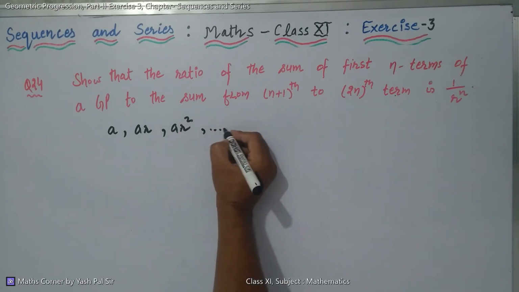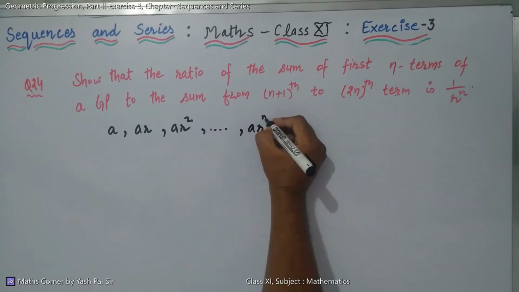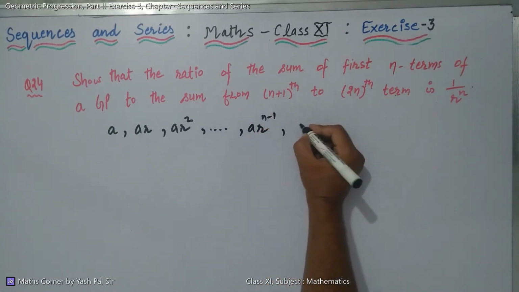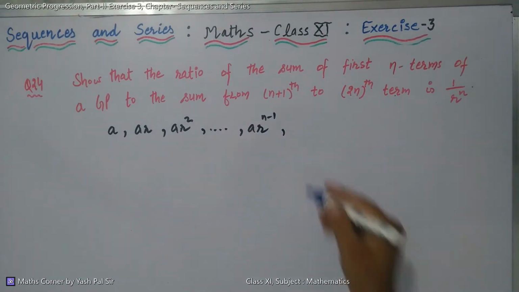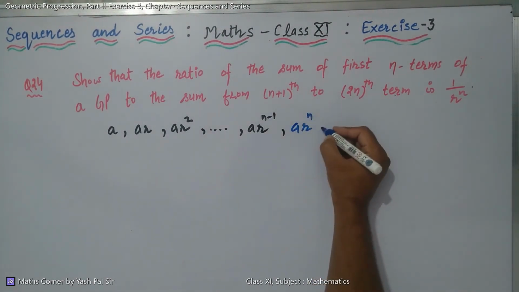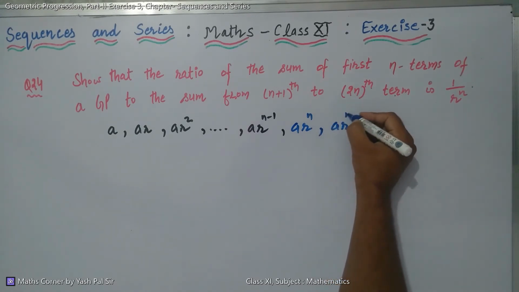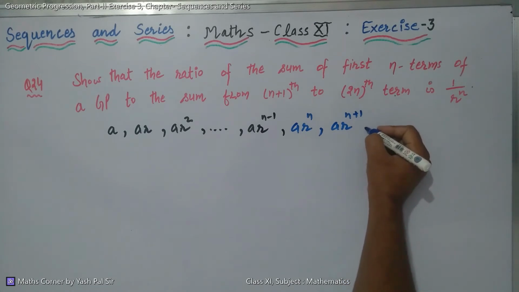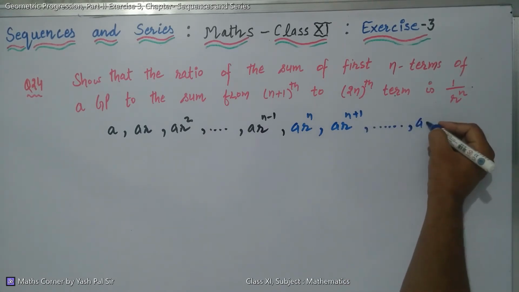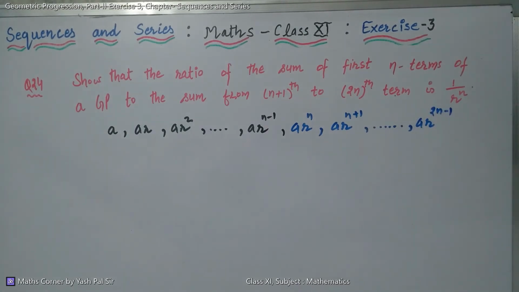So nth term will be AR raised to power n minus 1. N plus 1th term will be AR raised to power n, then AR raised to power n plus 1 and so on. 2nth term will be AR raised to power 2n minus 1.